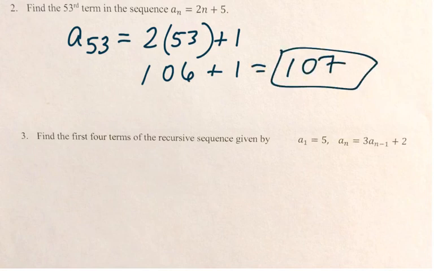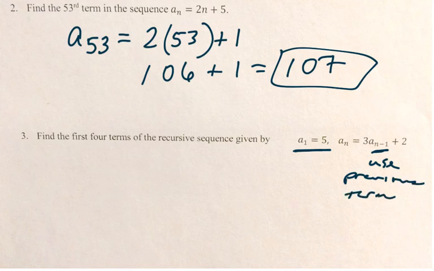Okay, now question 3, where we have to find the first 4 terms of the recursive sequence given by a sub 1 equals 5. So they give us a starting term, and then they tell us that a sub n equals 3 times a sub n minus 1, plus 2. This right here means we have to use the previous term to find the next term.